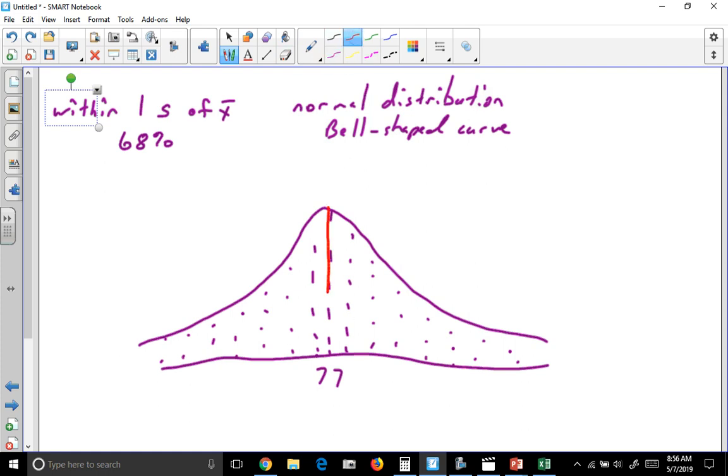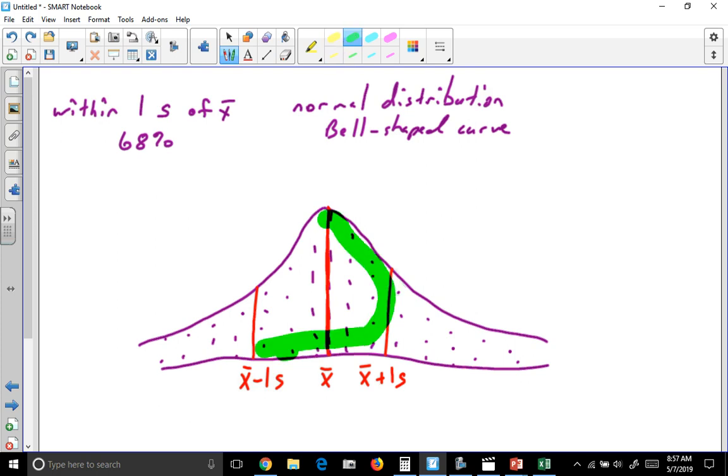If this is the mean, and I'm just going to take the numbers off for now, if this is the mean, if we go one standard deviation above the mean, so the mean plus one standard deviation, or if we go one standard deviation below the mean, so the mean minus one standard deviation, then in that window, in that interval, we'll have about 68% of the data.